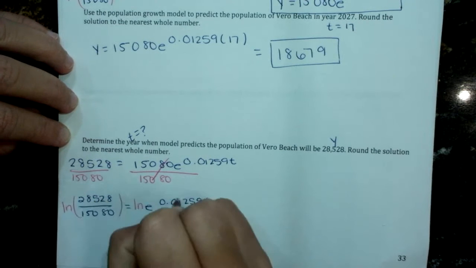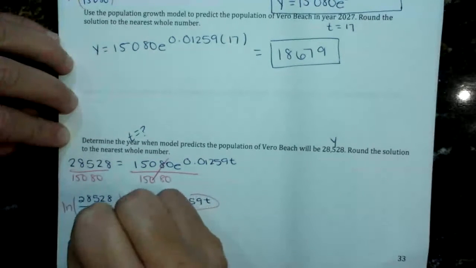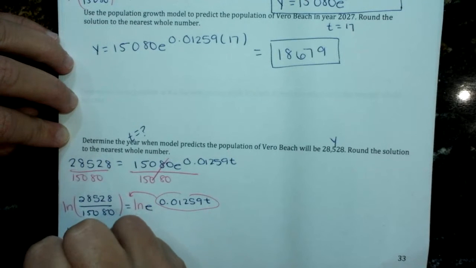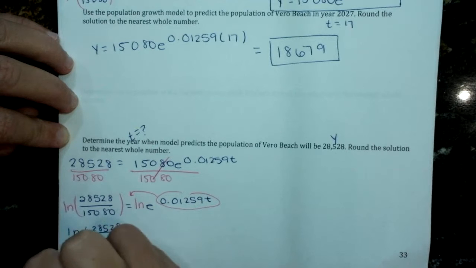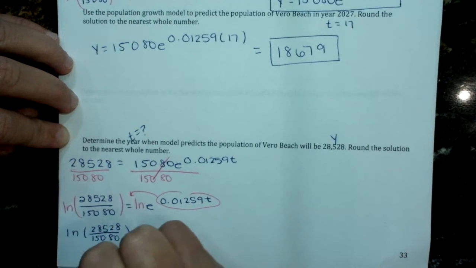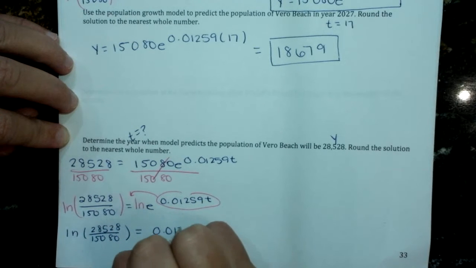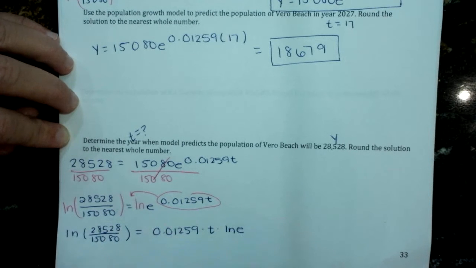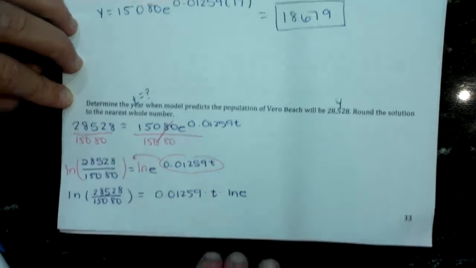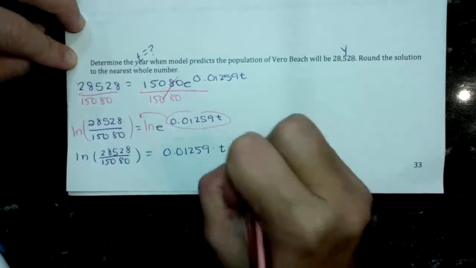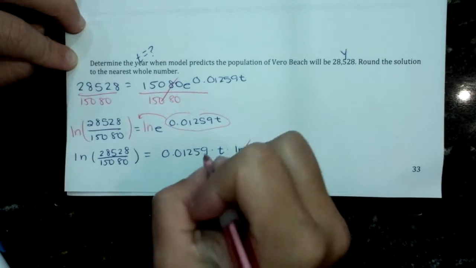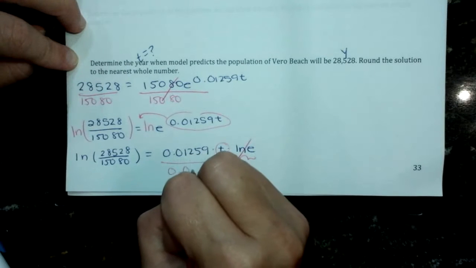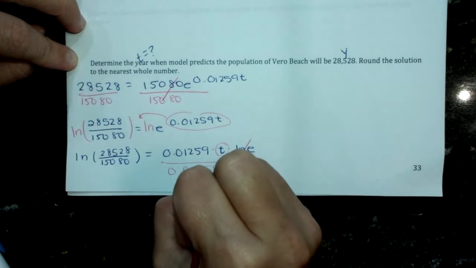Let's take the ln of both sides, and in doing so, this exponent comes down out front. So the natural log of 28,528 divided by 15,080 equals 0.01259 times t times the natural log of e, which is just 1, so it cancels itself out. We're trying to get t by itself, so divide both sides by 0.01259.